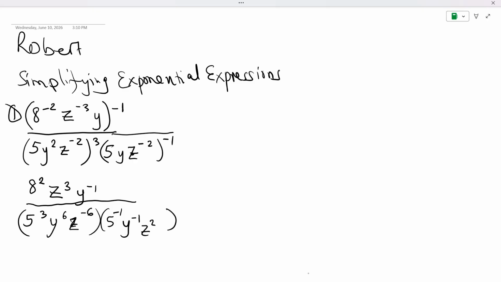Now from here, we can move on to simplify our expression further.